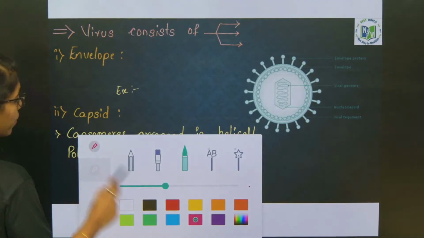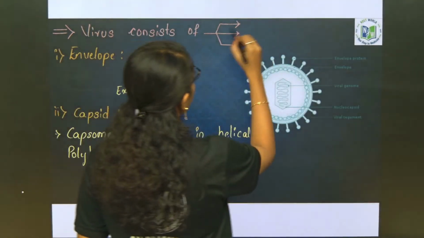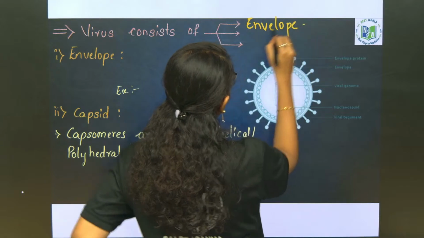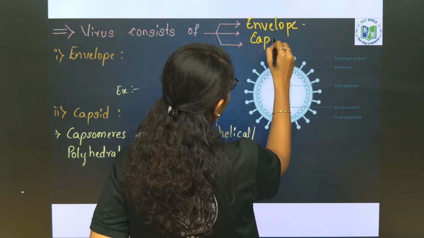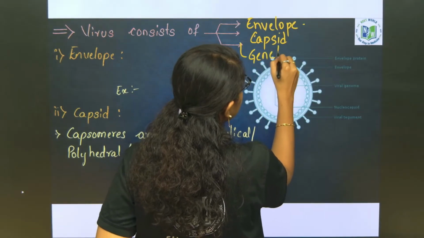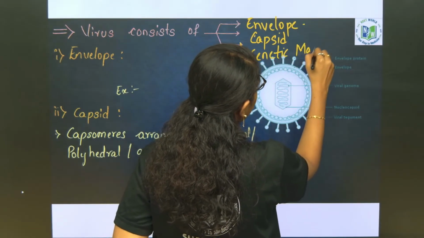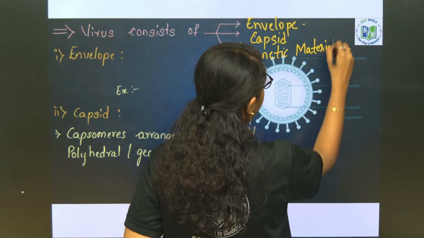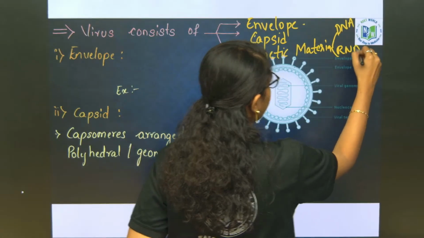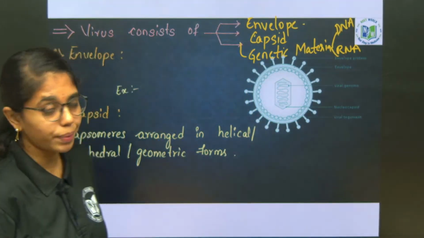A virus can have an envelope, a proteinaceous coat called the capsid, and a genetic material. Genetic material can be either DNA or RNA, but not both.